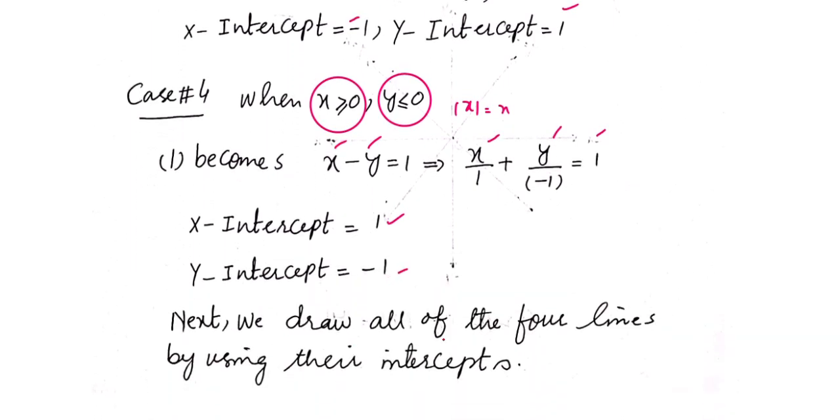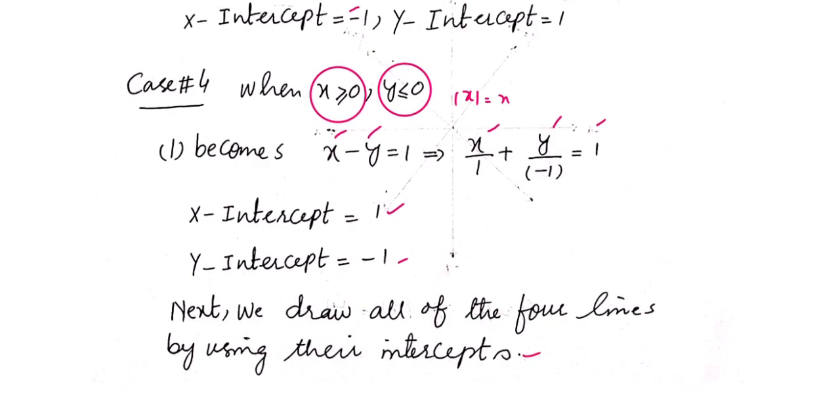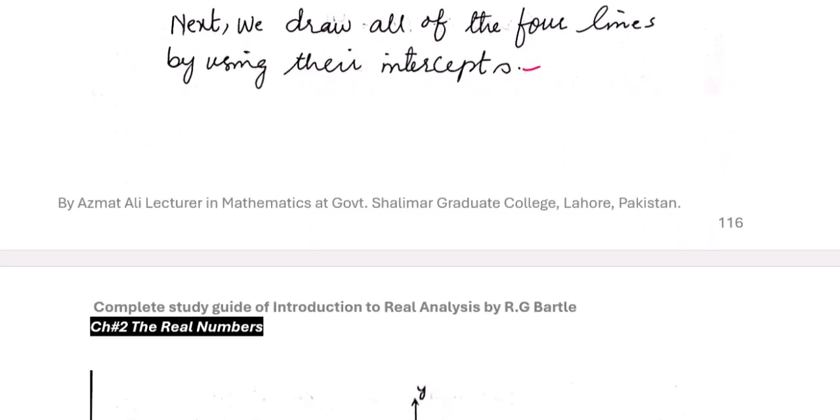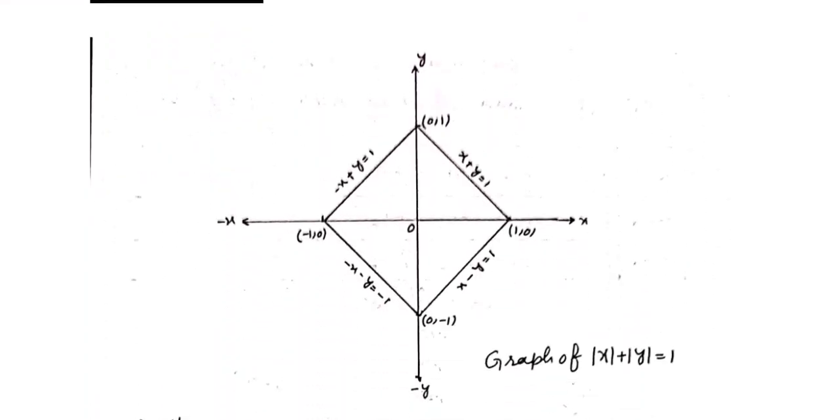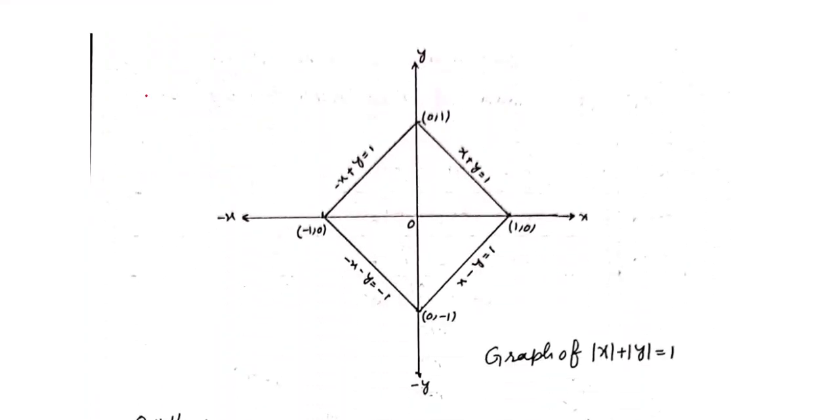Next we draw all of the 4 lines by using their intercepts. We have 4 types of intercepts. Either your x-intercept is 1 or minus 1. Similarly, your y-intercept is 1 or minus 1.